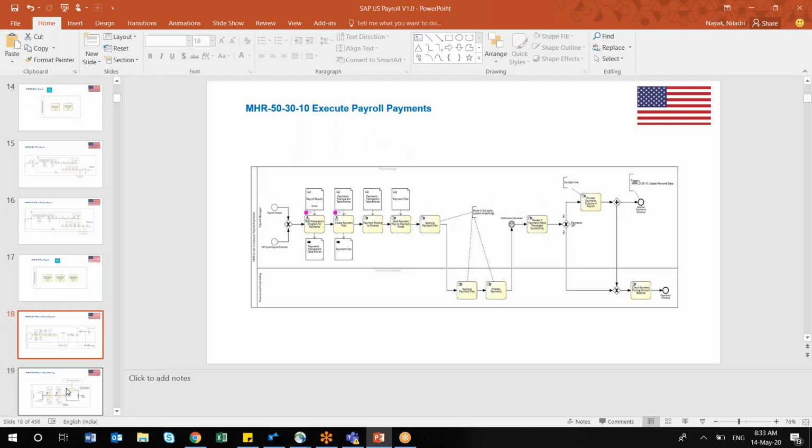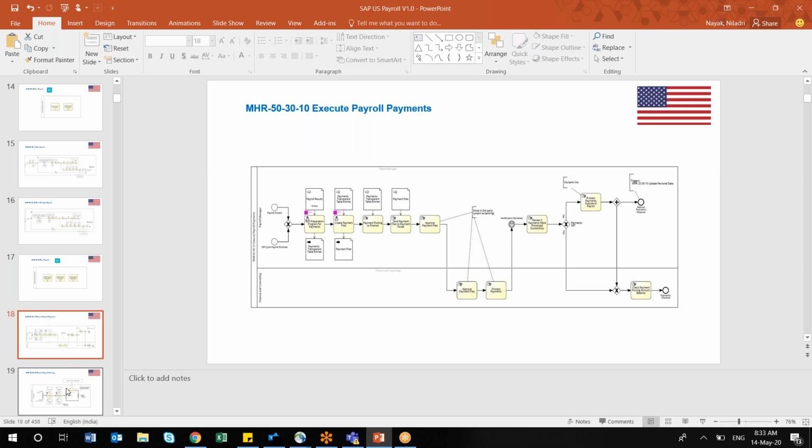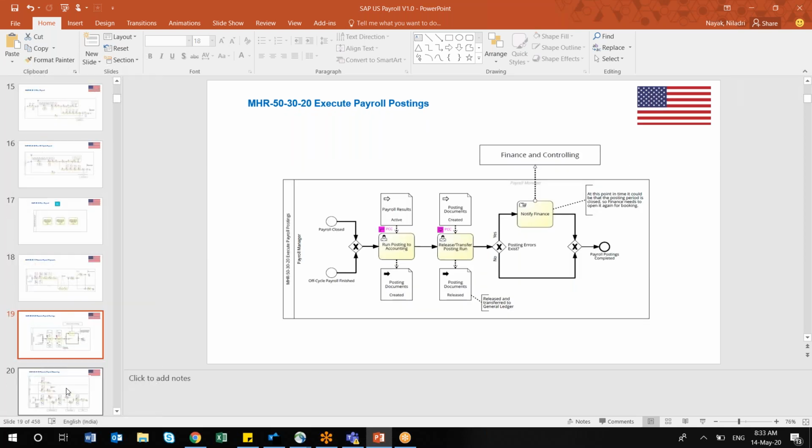Same goes with your post payroll: what are the different payments that will be done, and how to execute those payroll postings to finance. How to run those postings to finance accounting, releasing, transferring the posting document. I'll be focusing on this area when I discuss the configuration for FI integration, finance control, FICO integration or S4HANA FI finance integration.